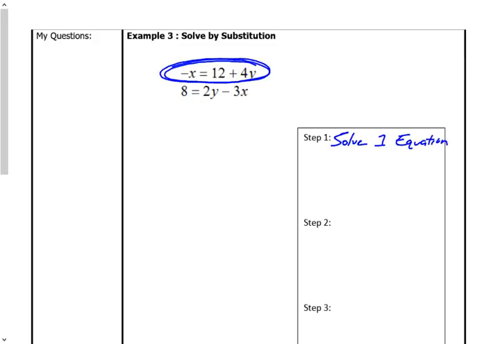So the first step is to solve one of the equations for one of the variables. And because I can multiply both sides by a negative, then I can change that to positive x. Now, it's in its name that step 2 is going to be substitute.